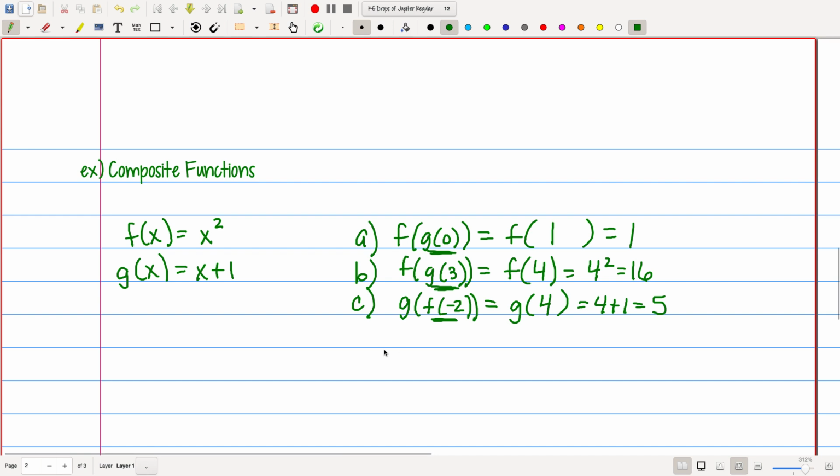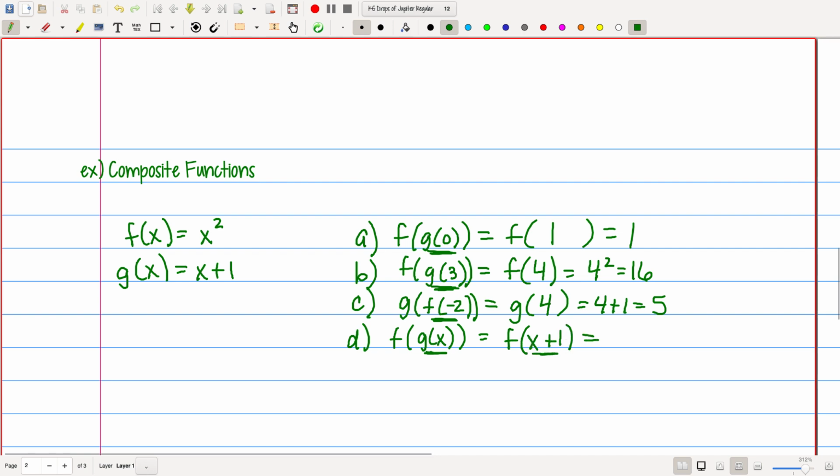Okay, now what if I want f of g of x? So now you're not plugging anything in, it's already x. So there's already an x in here. So what I'm going to do is rewrite this, and g of x is x plus 1.